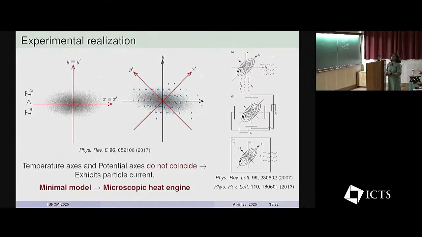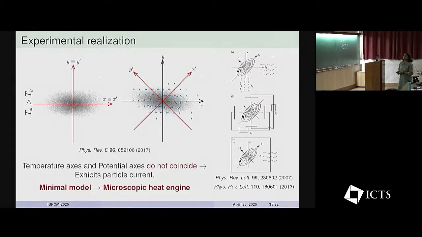So for generation of the gyrating motion of the particle across the potential minimum, the principal axes of the potential should not coincide with the temperature axes. That is what is happening here, and as a result, the system exhibits a systematic gyrating motion of the particle, as well as a systematic rotational current.